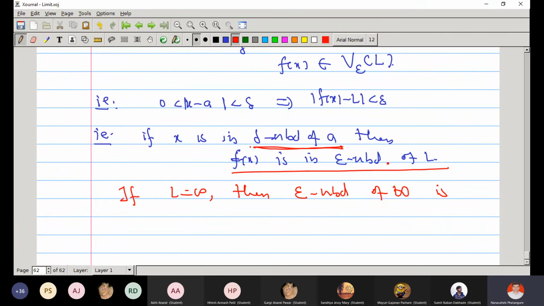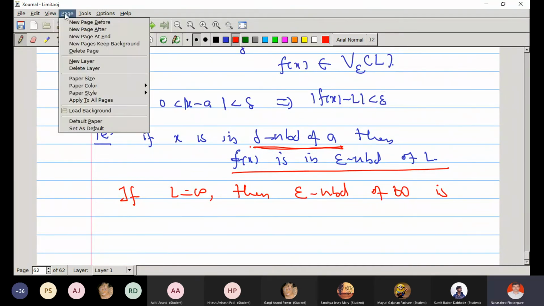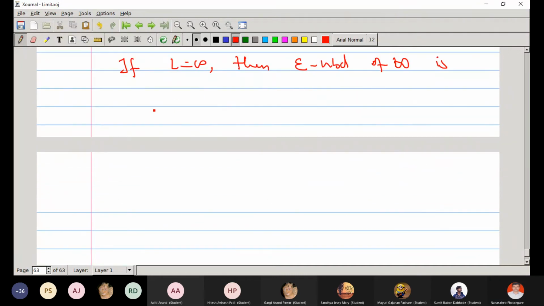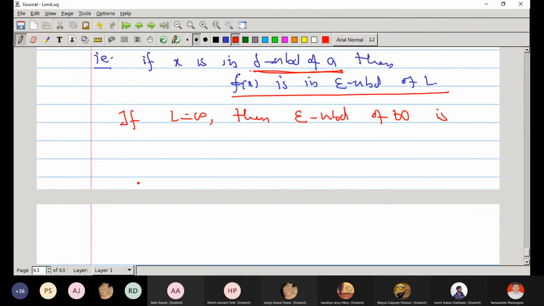Here we think about epsilon neighborhood of L, but in our case the limit is infinity, suppose. And what is epsilon neighborhood of infinity? How will you deal with this? How to understand this? That's the question, correct? Is the problem clear, what I am saying?